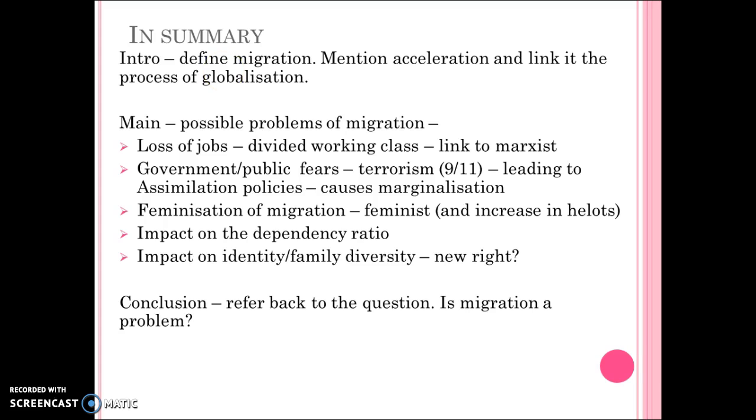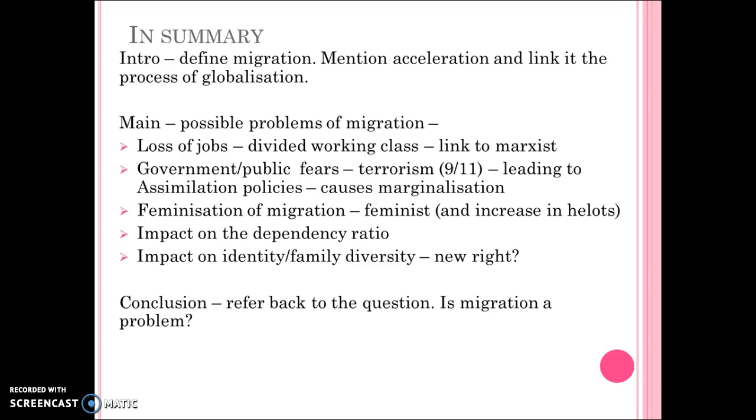Then you can get into the possible problems of migration, and there was a point in the item that mentioned this idea of a loss of jobs. Well, what you could pick up out there is that a loss of jobs leads to a divided working class.